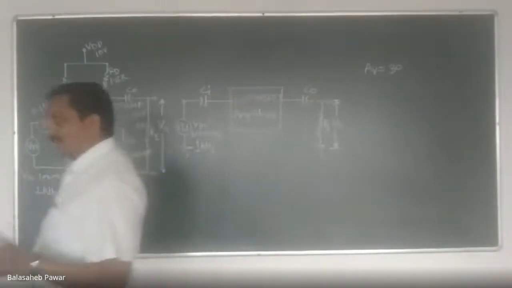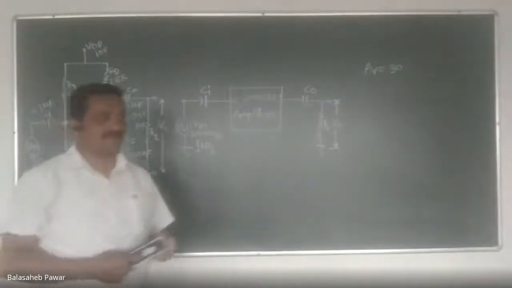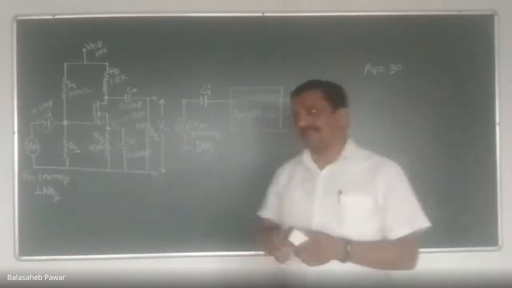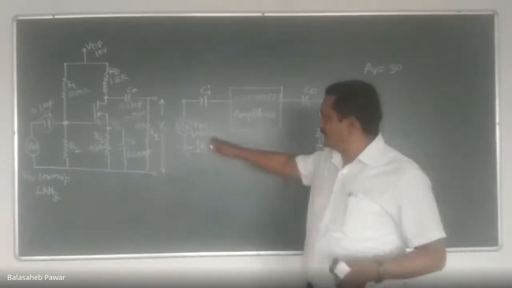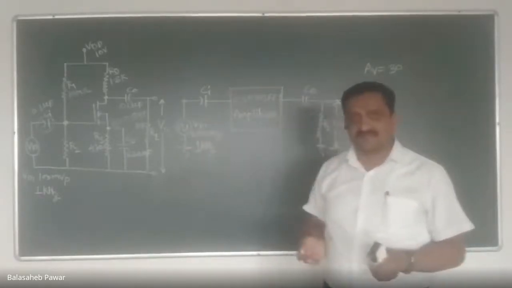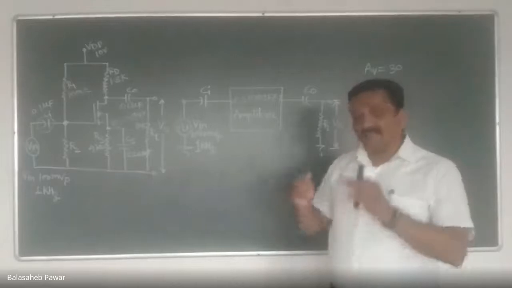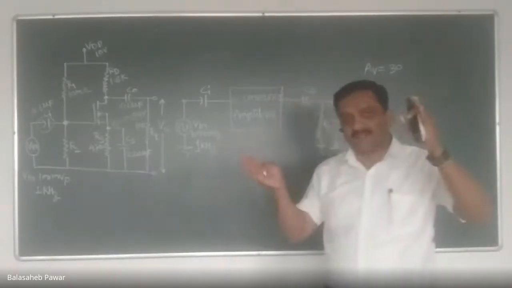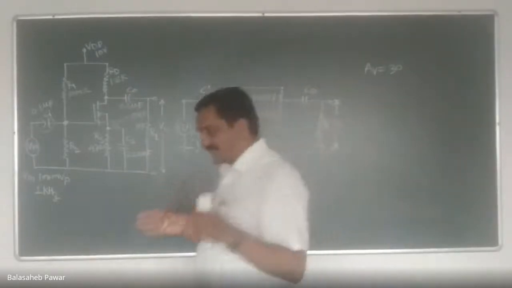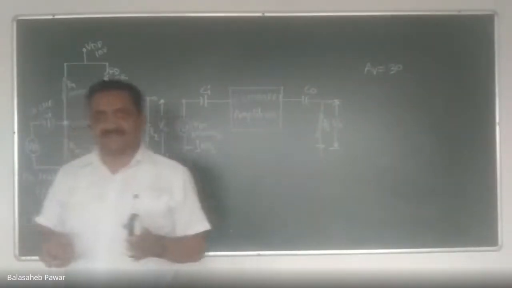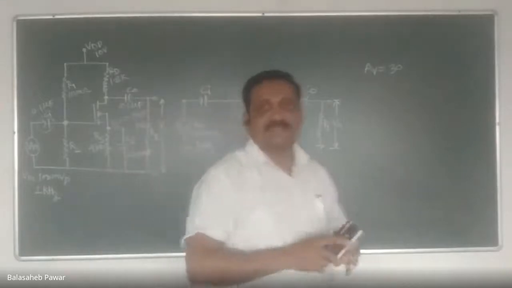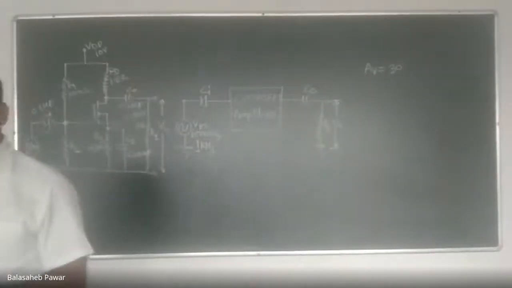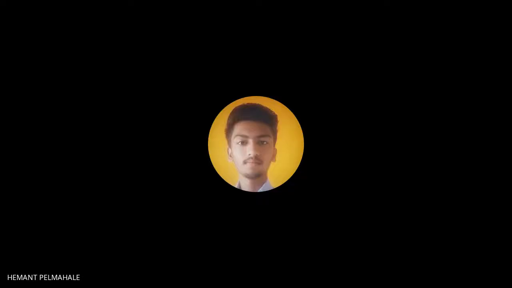If the operating point is exactly at the center, then in yesterday's example, when we increased it to 300 millivolts, after that 100 millivolts, clipping of the input signal occurs. That means we are getting distorted output. Yes or no? Yes, sir. Okay.